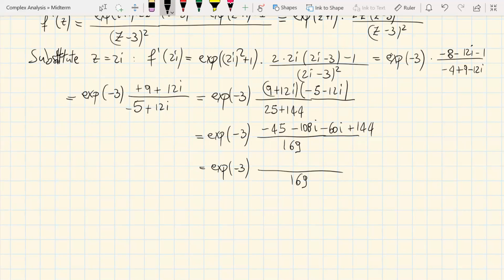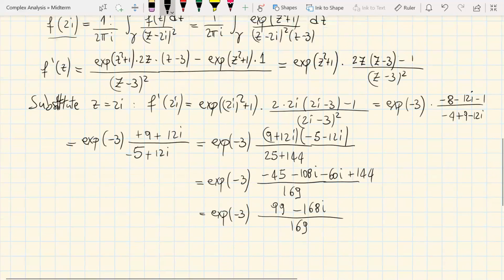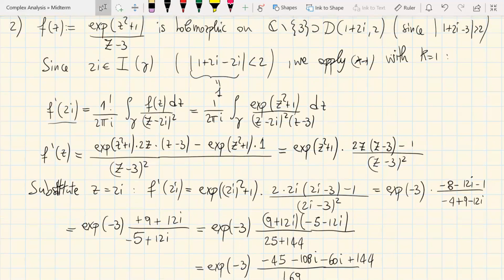So here we see that we get 99 minus 168i. This hopefully is the correct answer if we did all the computations right.